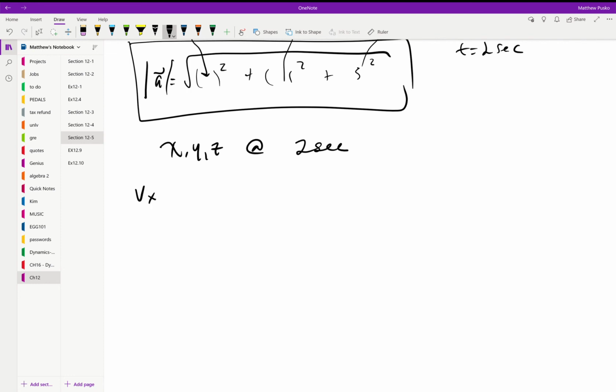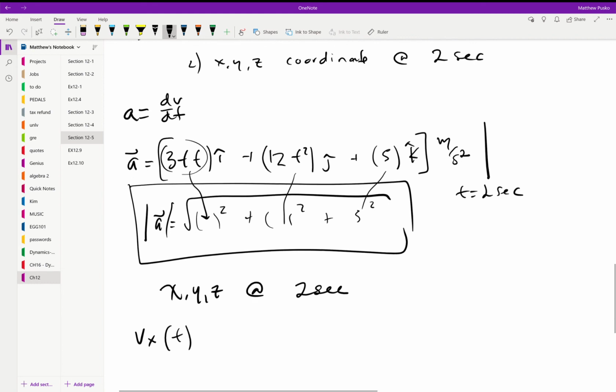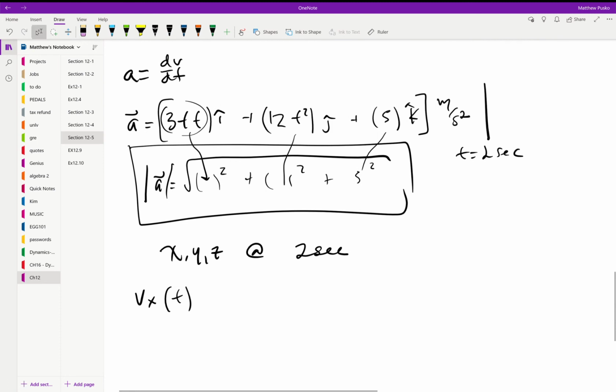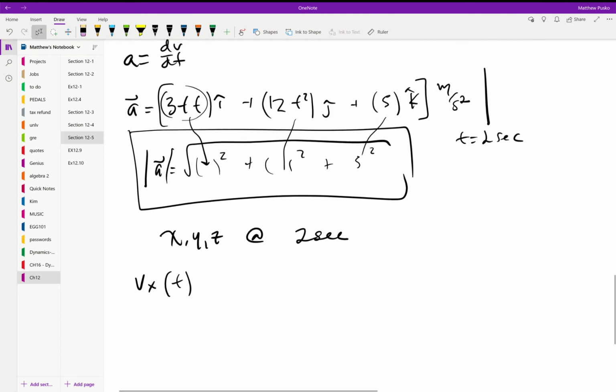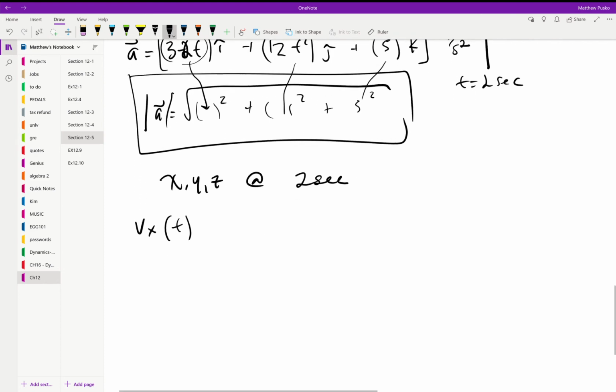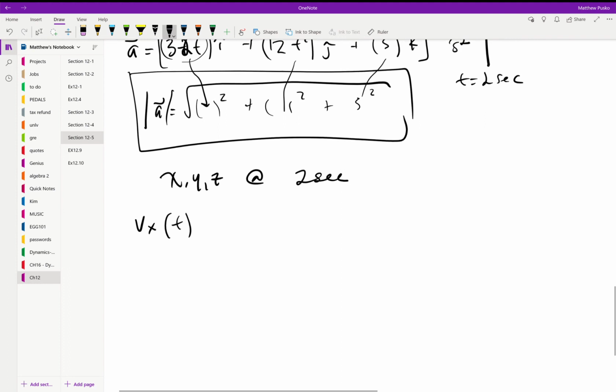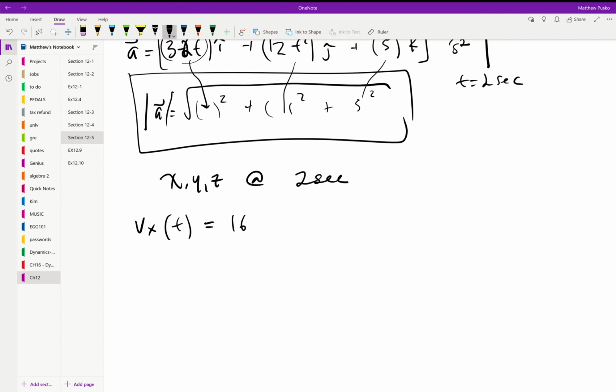The x component, the velocity in the x direction, is this thing right there. I want this right here, the 16t squared. That is the x component of the velocity that they gave us.